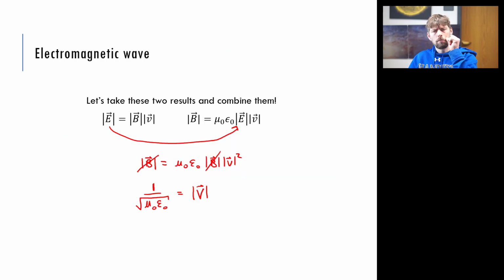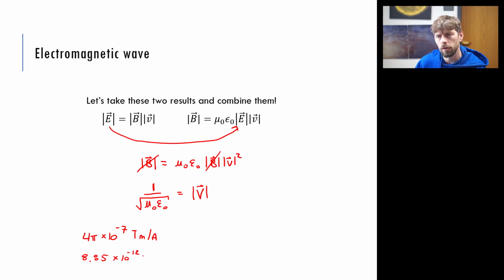Go ahead. Put it in your calculator. You know that mu naught is 4 pi times 10 to the negative 7th Tesla meters per amp. You know that epsilon naught is 8.85 times 10 to the negative 12th, in units of coulombs squared per Newton meter squared. Go ahead. Plug those values in.